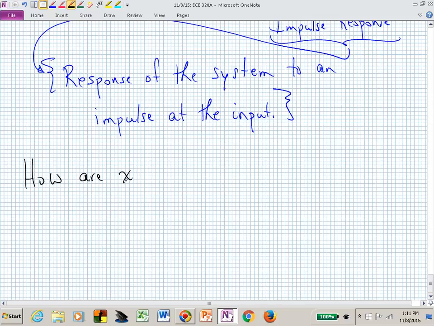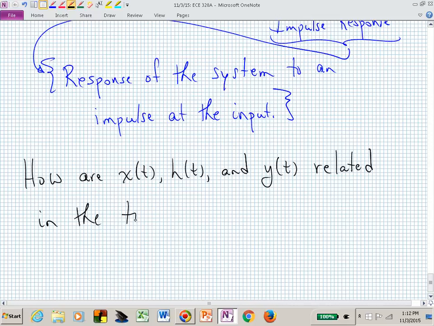How are X of t, H of t, the impulse response, X is the input, H is the impulse response, and Y of t is the output. How are those three waveforms or time domain functions related in the time domain? That's what we want to talk about now.